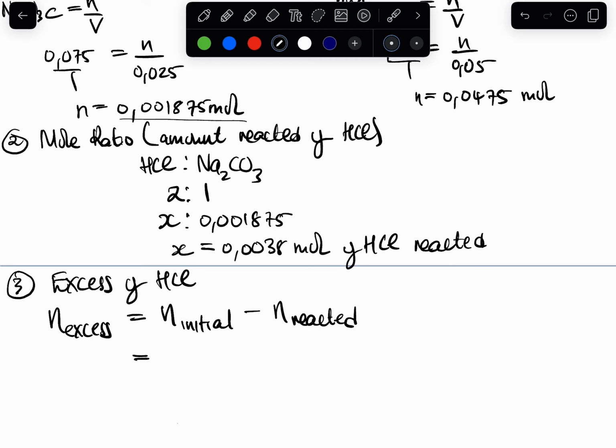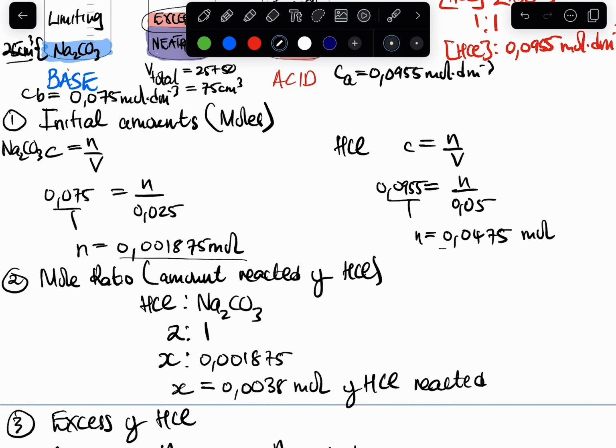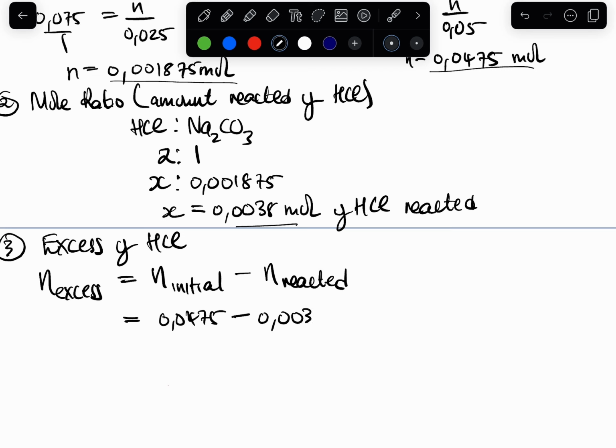So the initial amount of HCl was 0.0475 minus the reacted amount, 0.0038. So the answer here will be 0.00095 mole.